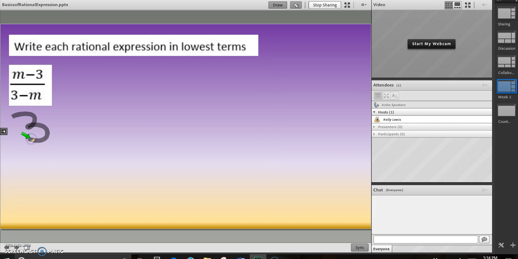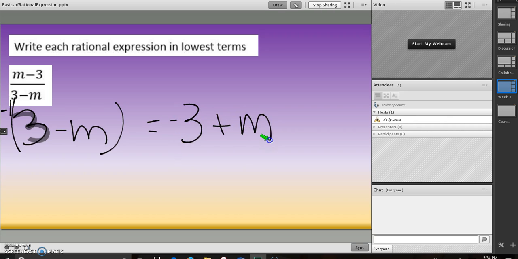If I took this 3 minus m and multiplied by -1, I would get -3, and then -1 times -m is +m. You always write the letter first, so it's really m plus -3. If I change that to subtraction, I get m minus 3, which is the top guy.